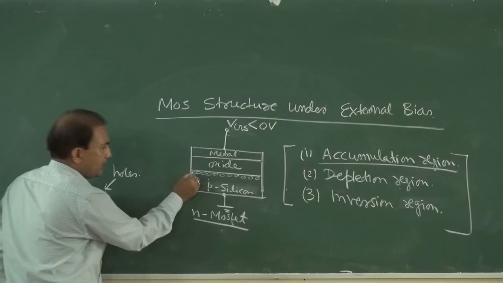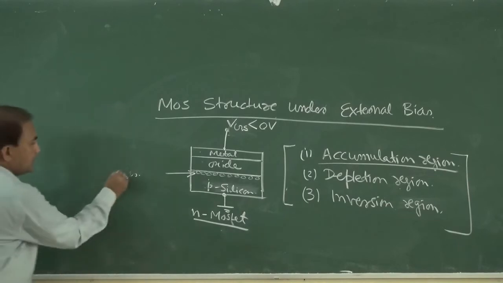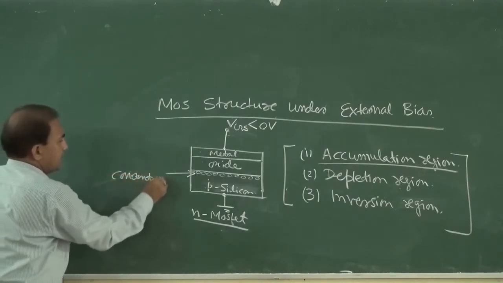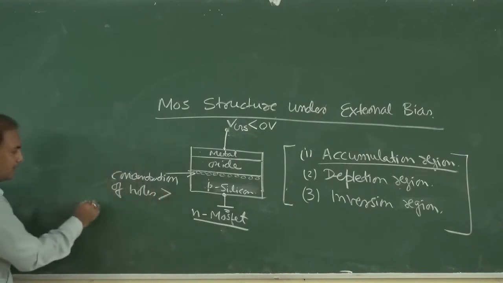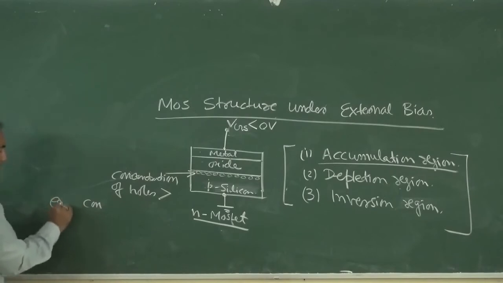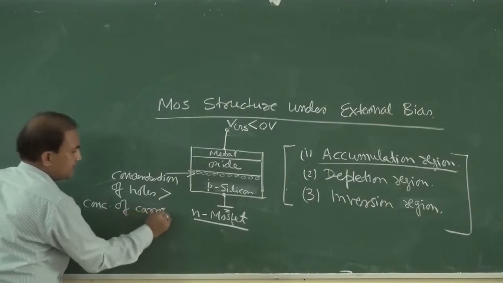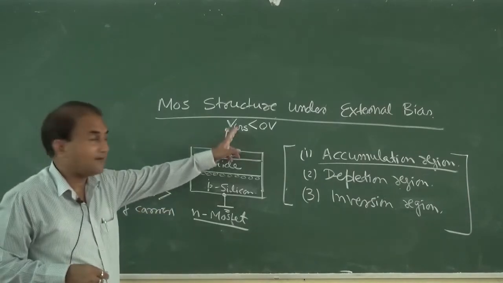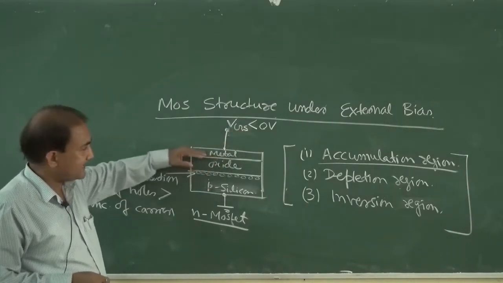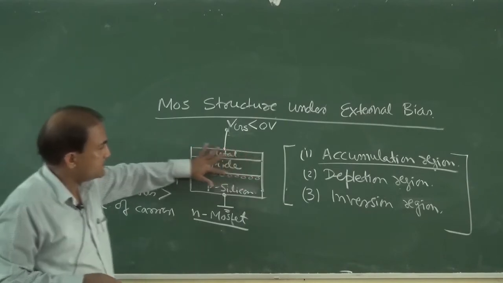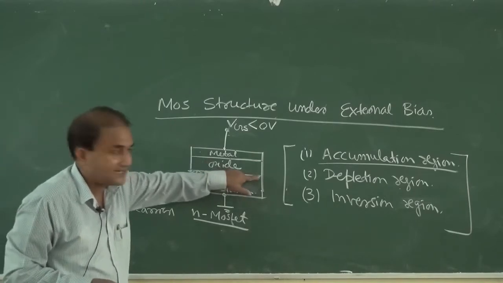Here we can see the concentration of holes is more than the equilibrium concentration of carriers. Because of negative gate to source voltage, the holes will be attracted and deposited on the oxide substrate interface layer.